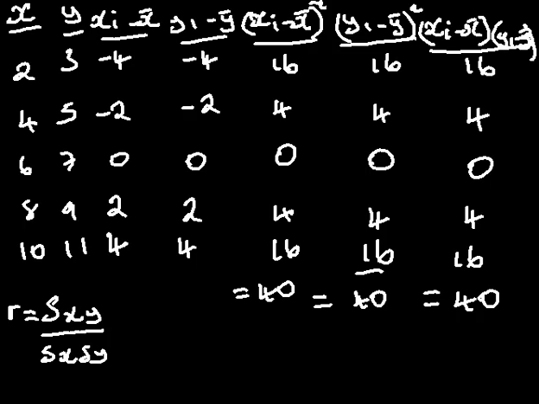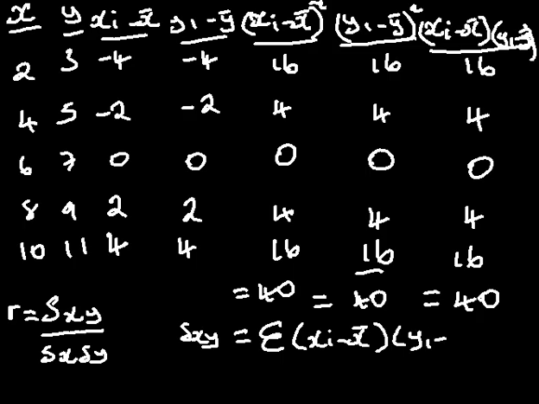And for that case, we said sxy is given as the summation of xi minus x bar times yi minus y bar, divided by n minus 1.